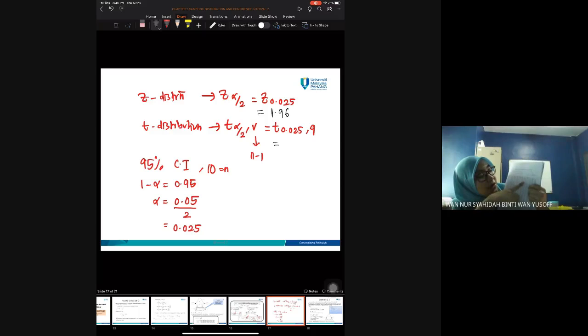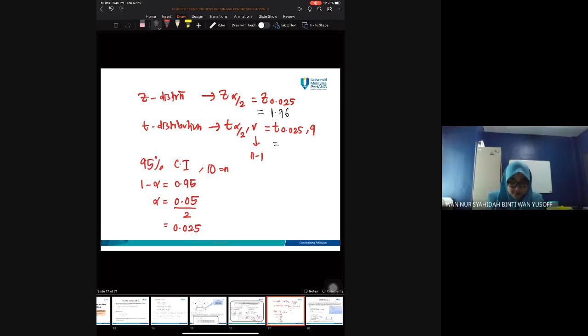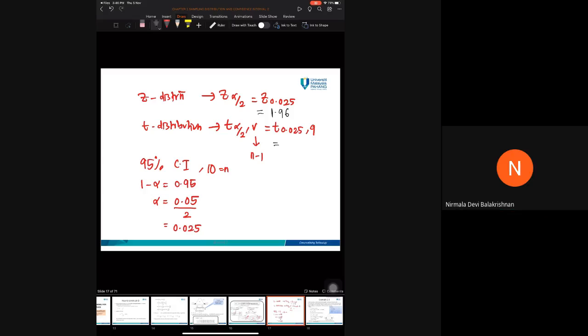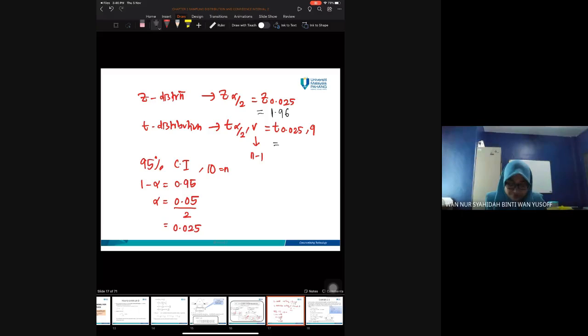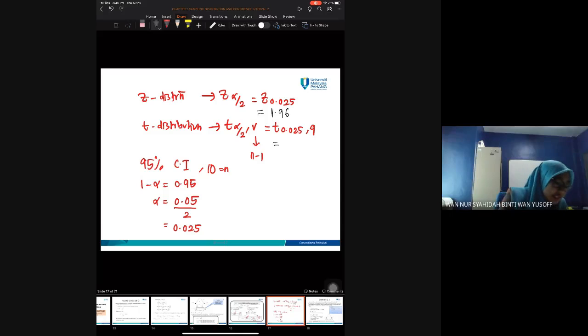Find the combination of 0.025 with the 9. So what value do we have? Look carefully. We need 0.025 with 9. It is 2.2622.